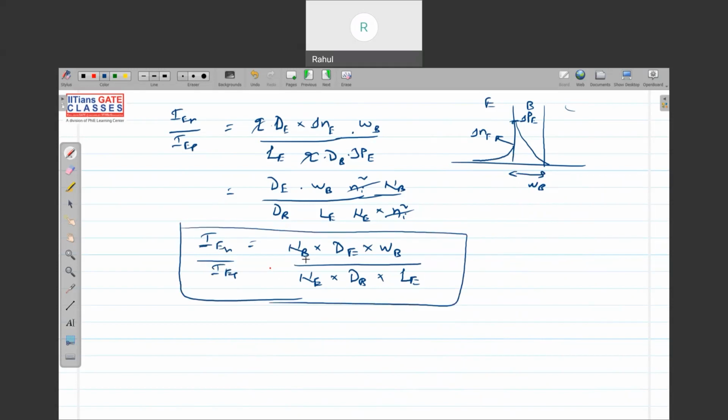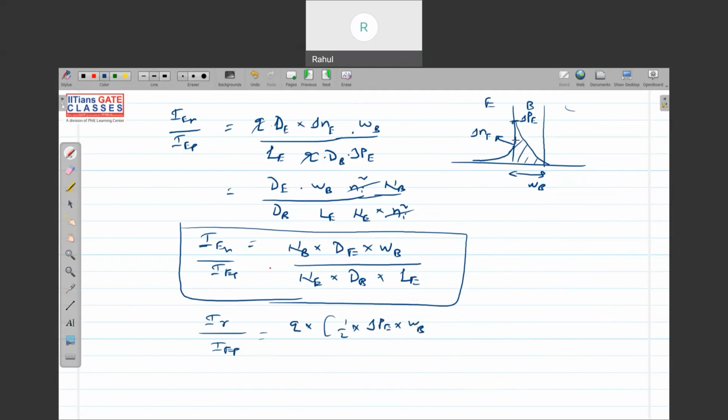So, what is the recombination current in the base? We know the recombination current depends upon how much charge is lost in the base region, right? So charge loss depends upon the area under this curve, right? So this is Q into half, if I approximate this as a triangle, half into LP into WB.